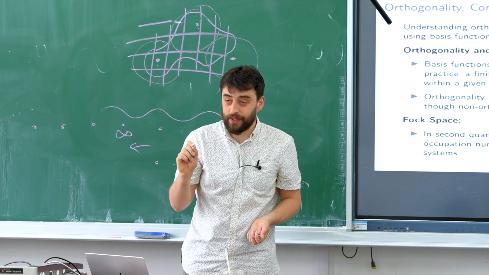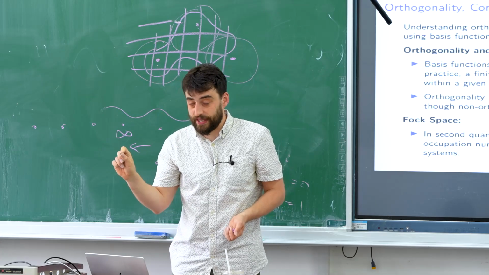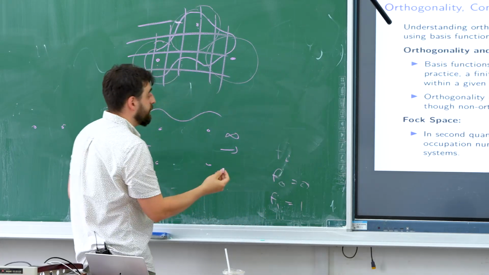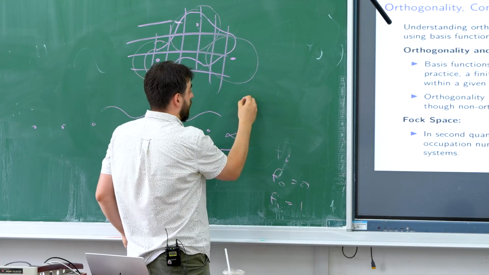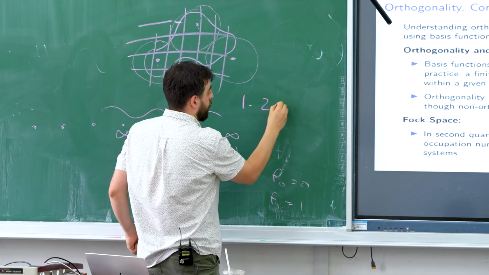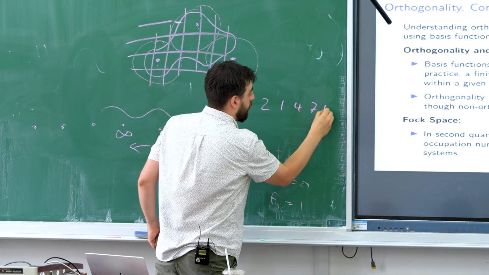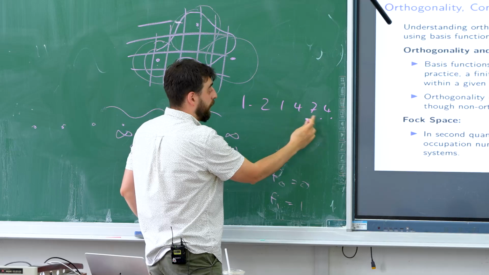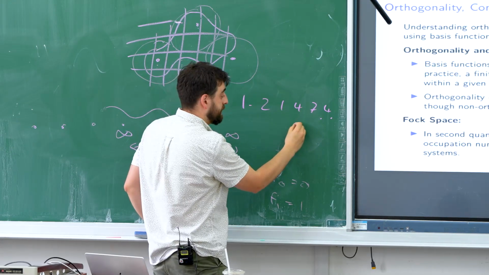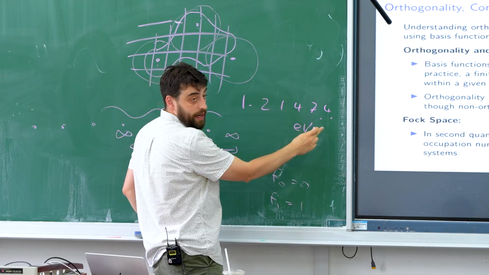It doesn't really matter that you go to the 4th or the 5th decimal place. If I say my energy is 1.2147, etc., let's say this is eV, at this point we really don't care anymore.